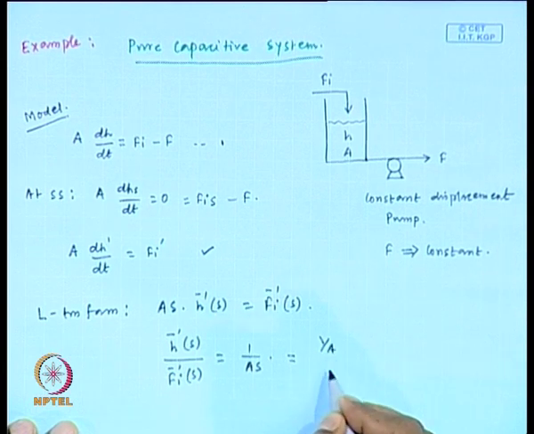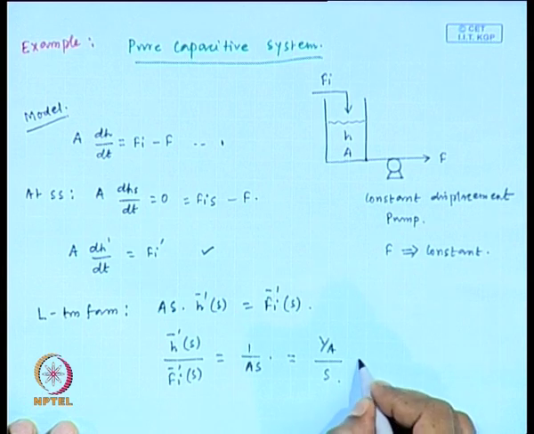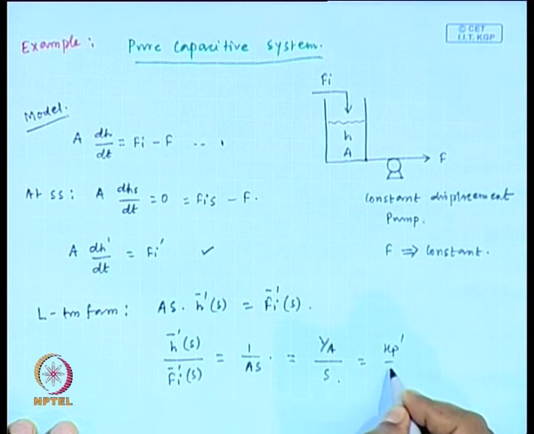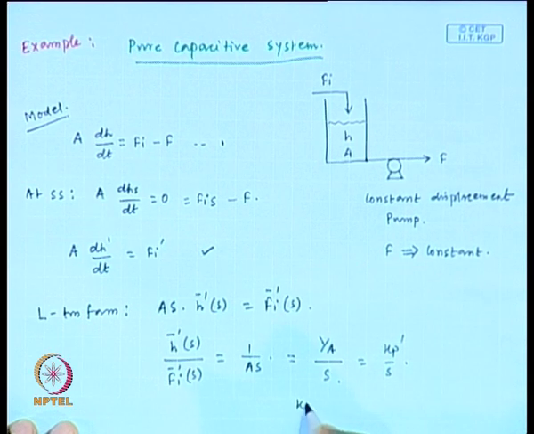That means 1 divided by A, whole divided by s. If we write in this form K p prime by s, then here K p prime is 1 by A. This is one example of a pure capacitive process.